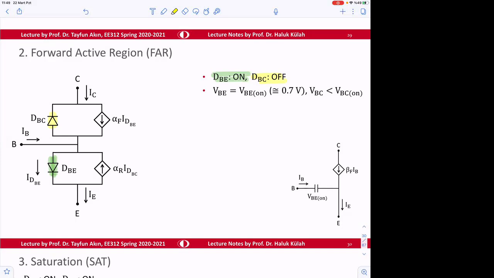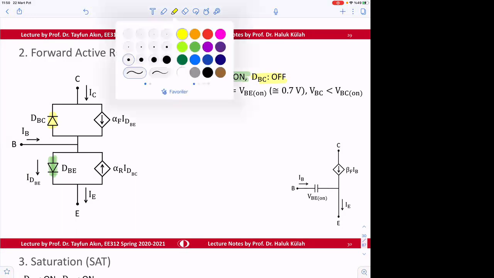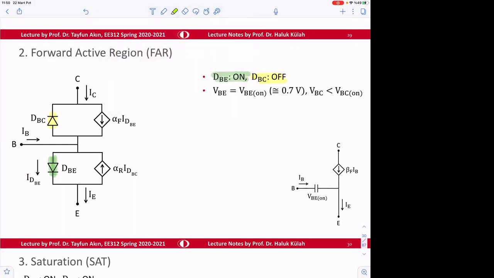So if this is on, then you know that this current is going to be on, and that current is related to this current.